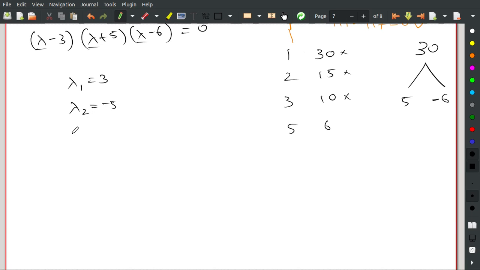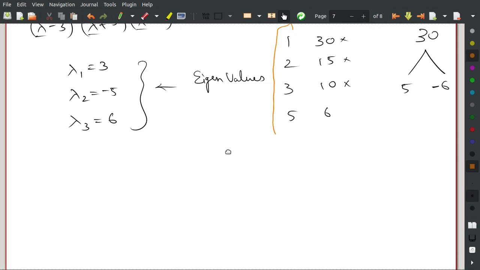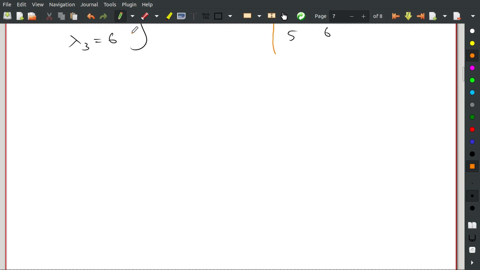The third eigenvalue is 6. These are the eigenvalues of the matrix A. With this, let me move on to the eigenvectors. Next thing is to find the eigenvectors.